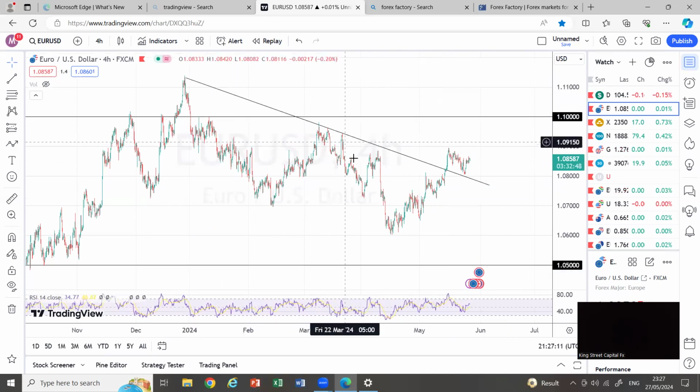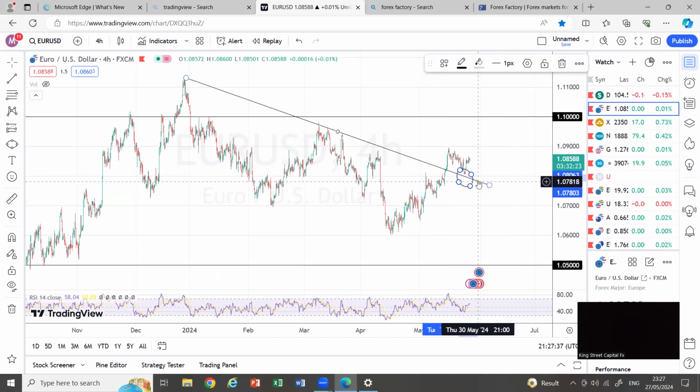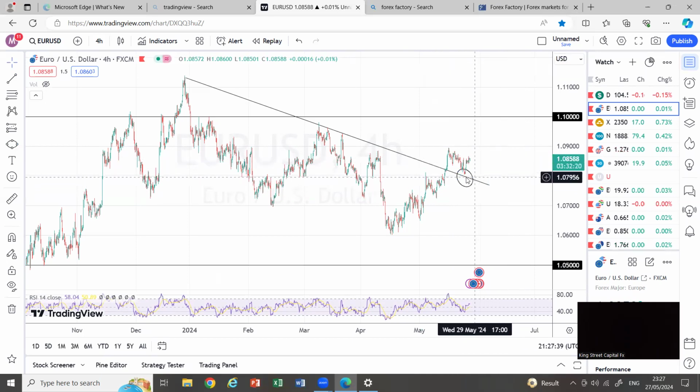Test, test, test, test, almost test, broke out, retest. All right, so this is going to be an interesting spot for us to look at. Right, so we can see price broke through this major level of 1.08000, gave us a retest at the trend line, and this was a confluence.